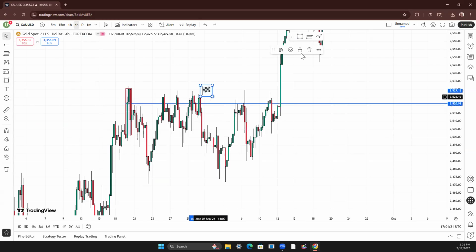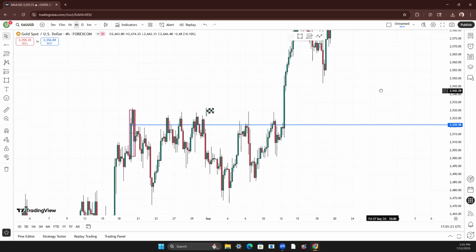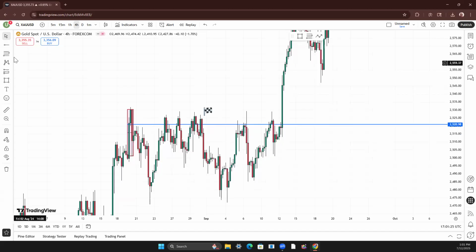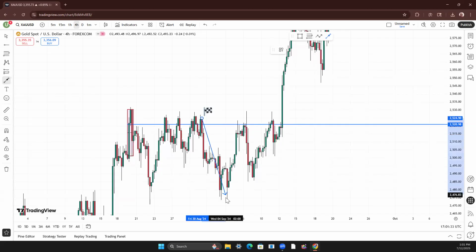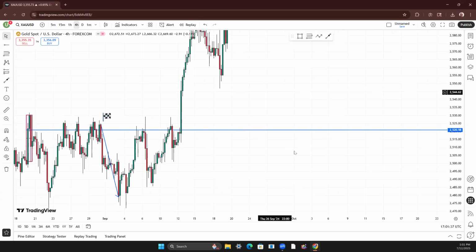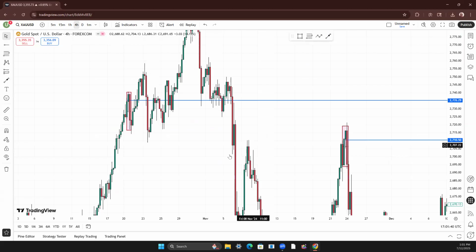So we want to catch these pips going down. Try to catch these pips going down like so. So that's one. Let's look at the others.